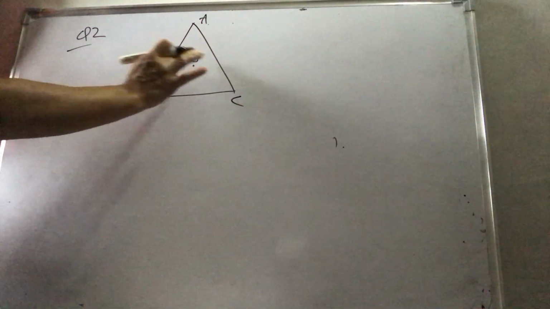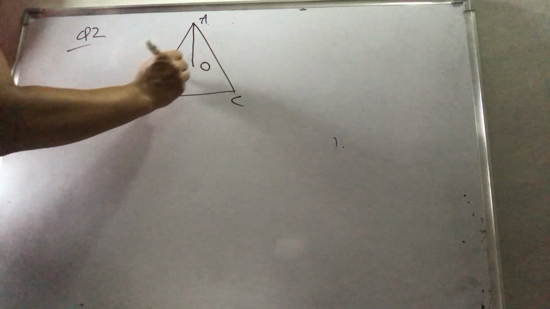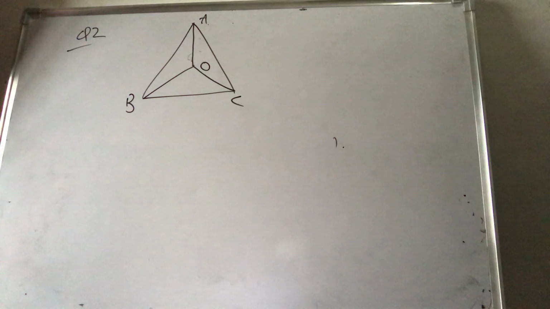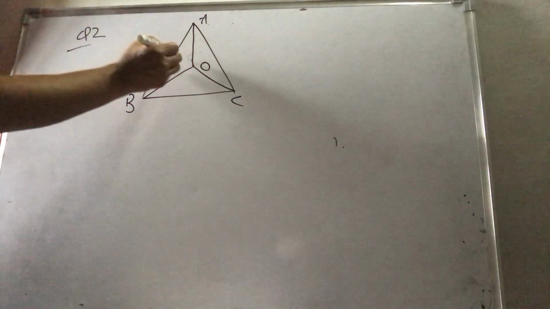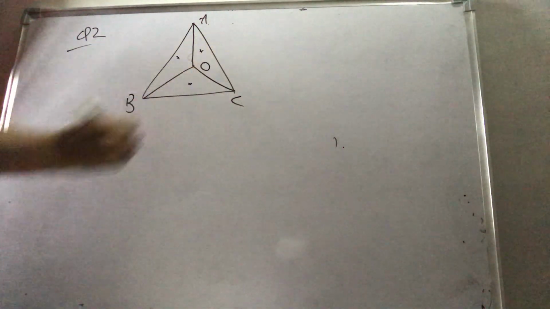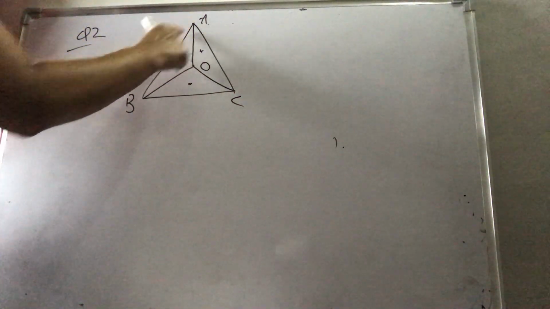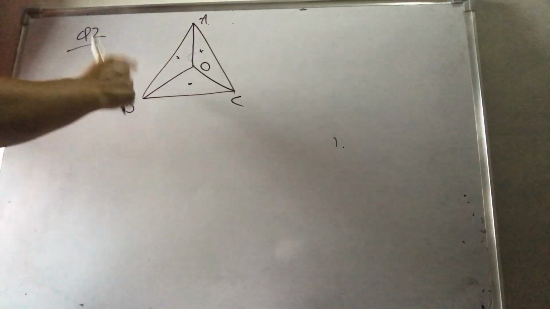That point is O, and the vertices A, B and C, all three vertices are joined with the point O. Now in the interior of the triangle, we have three small triangles. At a time we will take one small triangle. I am taking this triangle OAB.